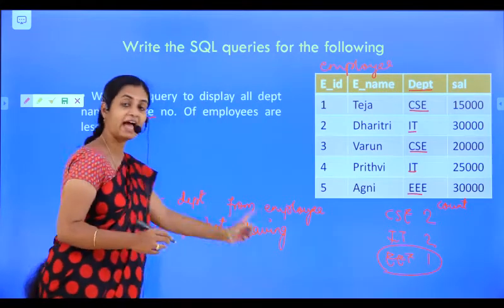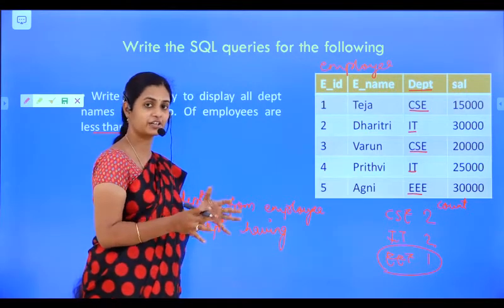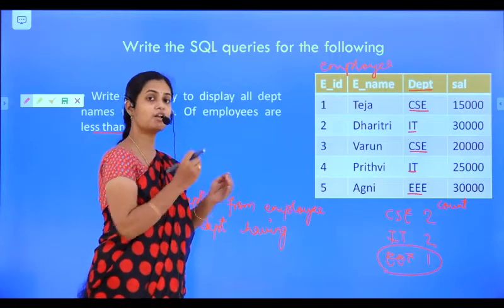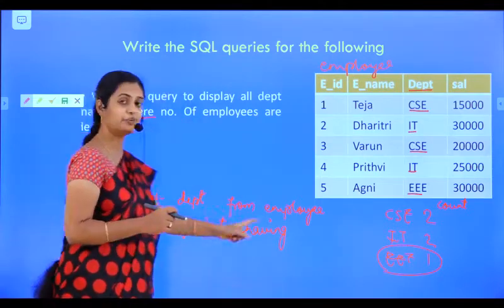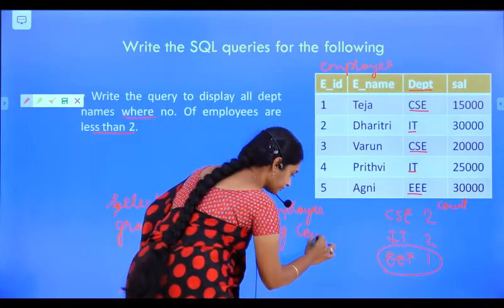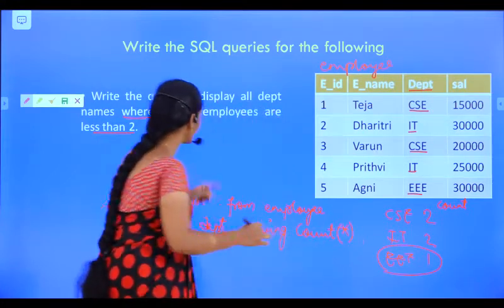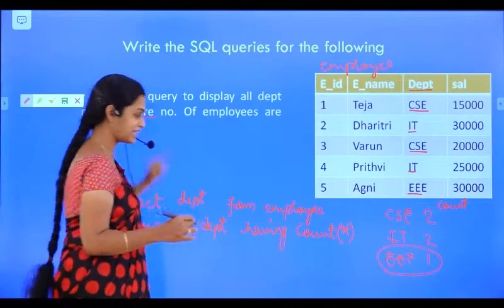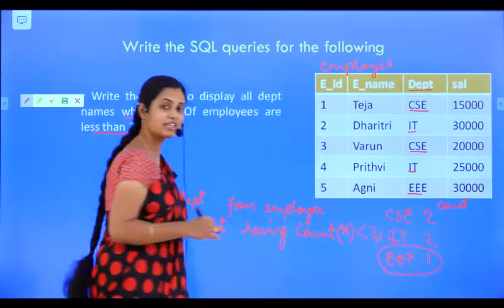Having is nothing but the where condition. When you are using group by, you need to use the having clause. Having count star less than 2. So this is the query.